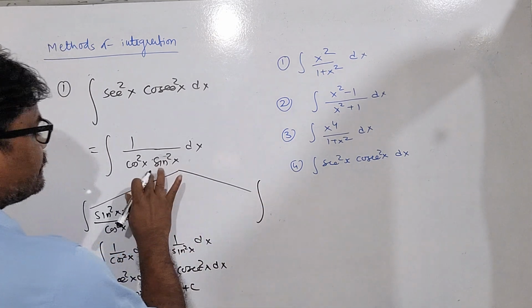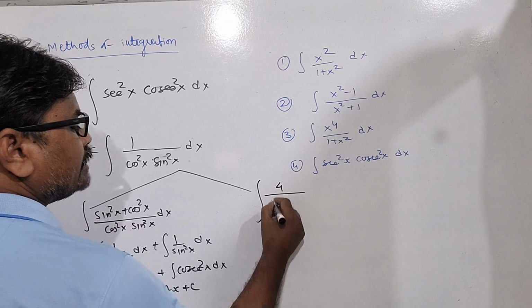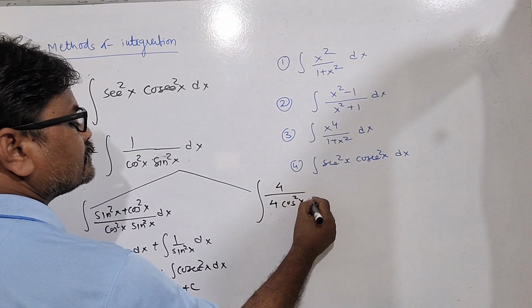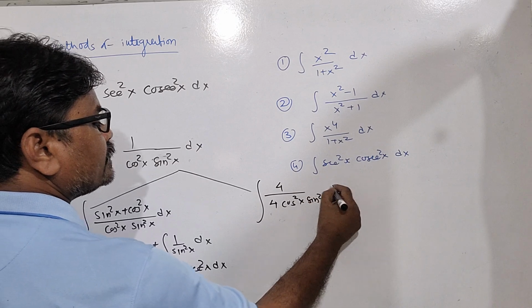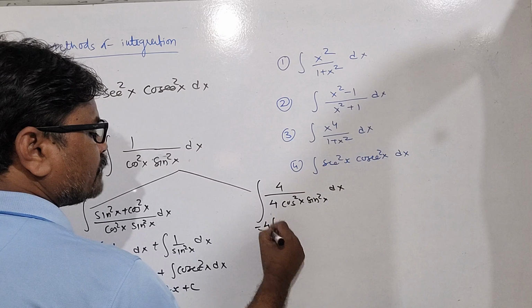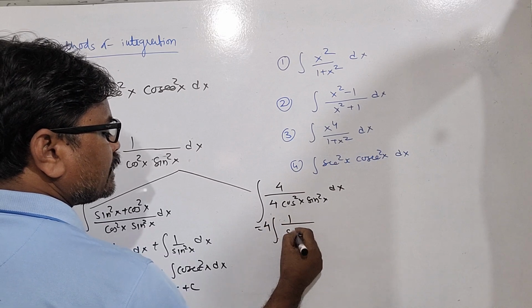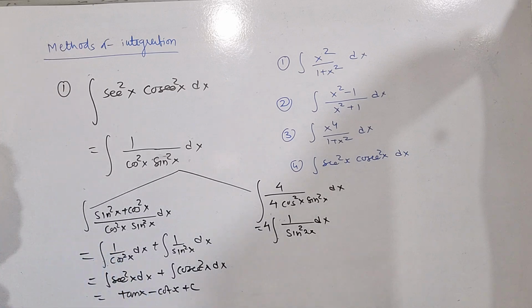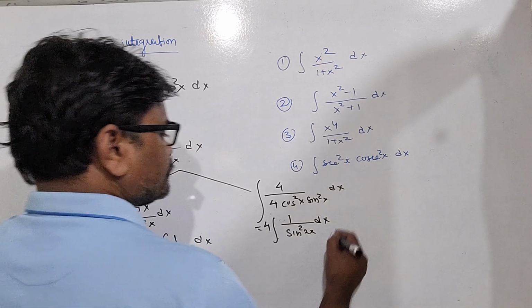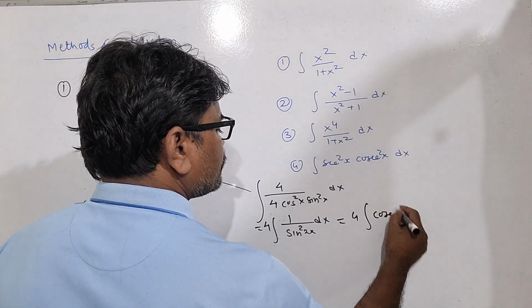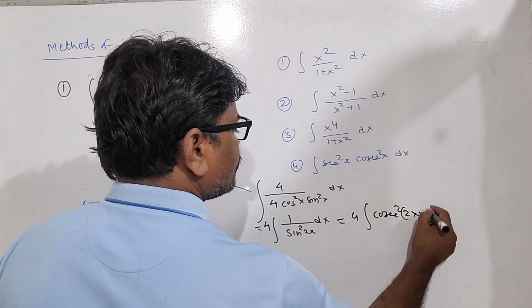if I multiply and divide by 4, this becomes 4 by 4 cos squared x sin squared x dx, correct? So the 4 comes out, and 1 upon sin squared of 2x dx.